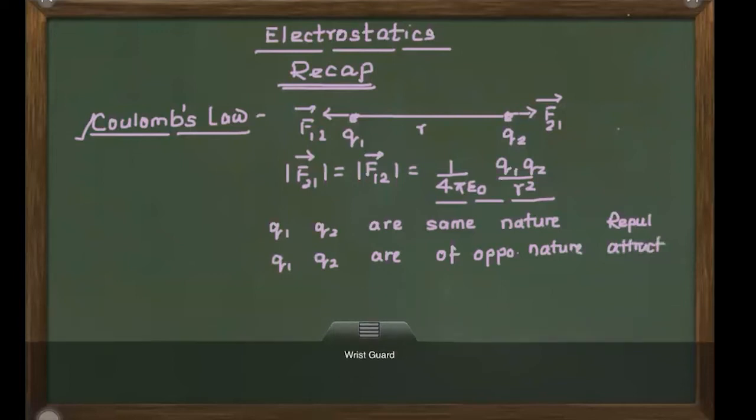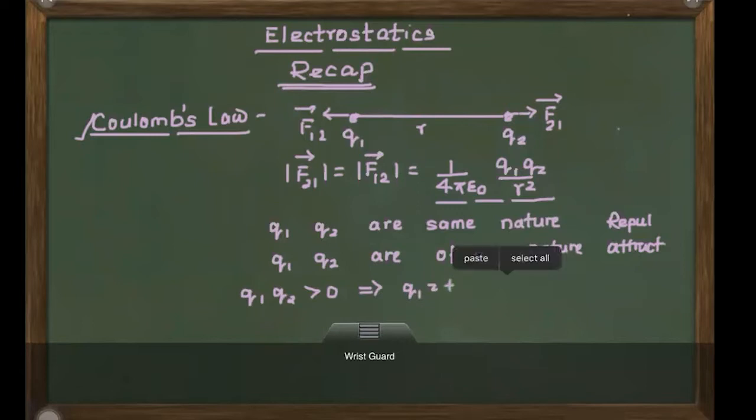Now, this can be written in another way. If I'm writing Q1 into Q2 greater than 0, it means if Q1 is positive, then Q2 must be positive, because their multiplication is greater than 0. It means that their multiplication is positive.